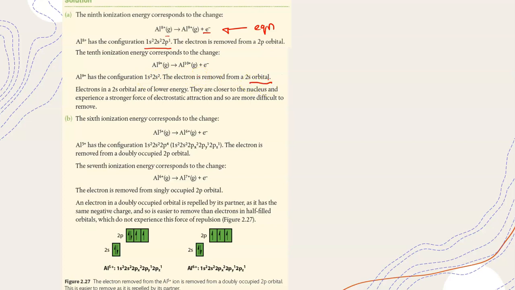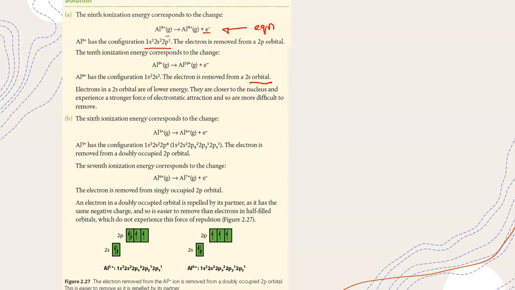So you'll notice when answering these questions, they are giving the electron configuration to show which orbital the electron is located in. Then the explanation comes about that the electrons in the 2s orbital will be of lower energy, so they're closer to the nucleus and experience a stronger effective nuclear charge. Okay, so they're more difficult to remove.